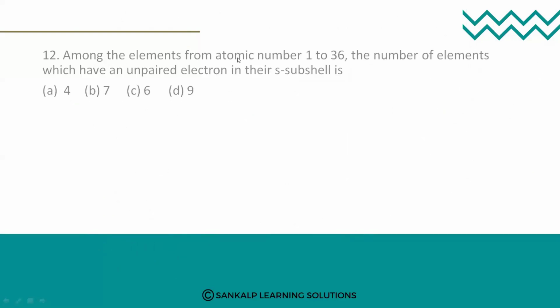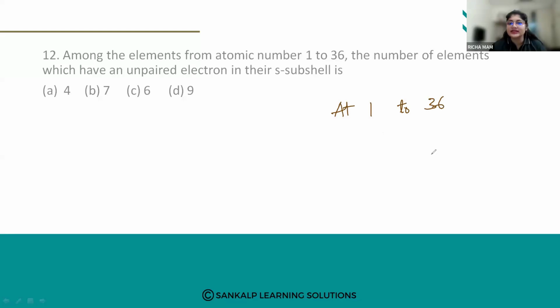Among the elements from atomic number 1 to 36, the number of elements which have an unpaired electron in their s subshell is. Unpaired means they are not paired.